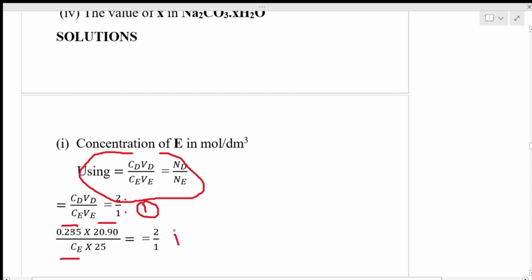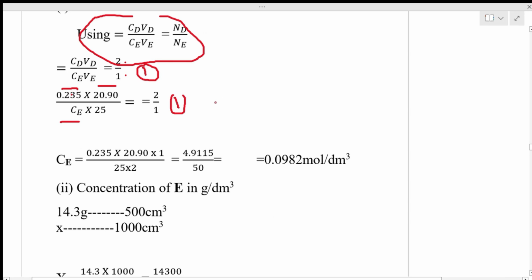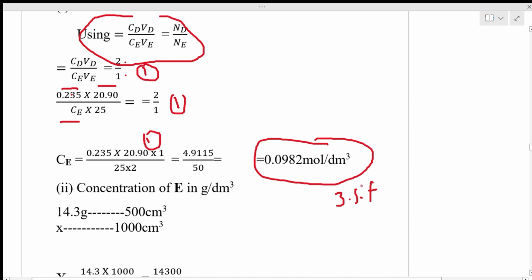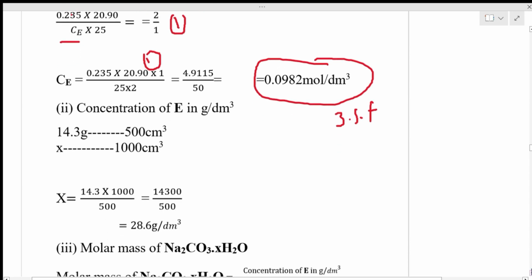You also give me 1 mark for substituting accurately the values that I have, and 1 mark for making CE the subject of the formula. And my final answer, they will give me 1 mark because it is in mole per dm3 and it's also to 3 significant figures. It's very important. Chemistry deals with details, simple details, because we don't want to downplay anything. So I think this is the value for mole per dm3. That's correct.